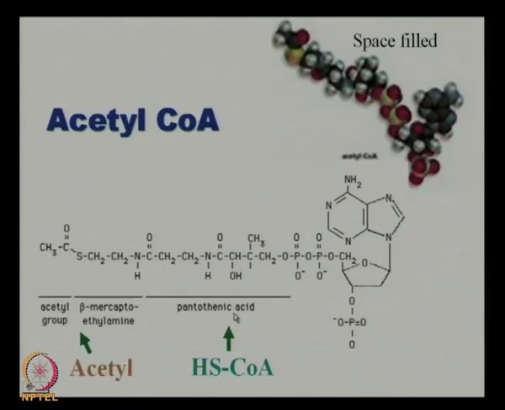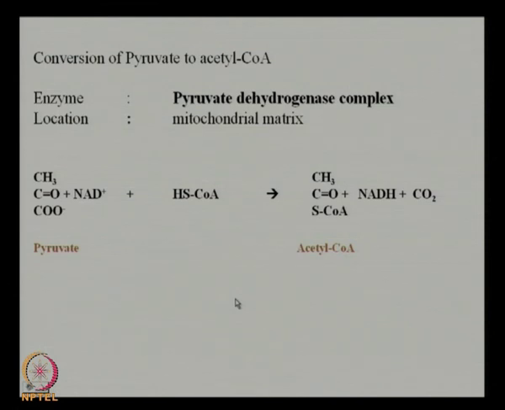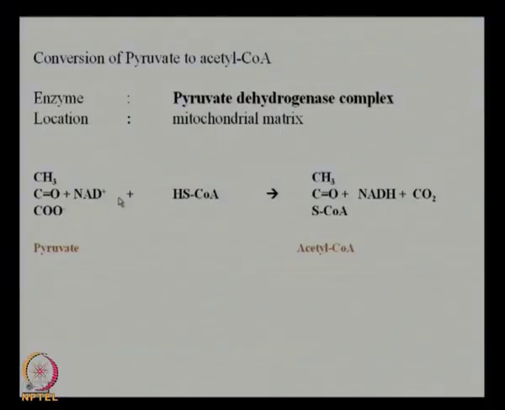Now, if we see the structure of acetyl CoA, it has one acetyl group to which the CoA structure is attached. So, this is the structure of acetyl CoA. Now, if we see the conversion of pyruvate to acetyl CoA, then as we have already learned, the pyruvate dehydrogenase complex plays a significant role.